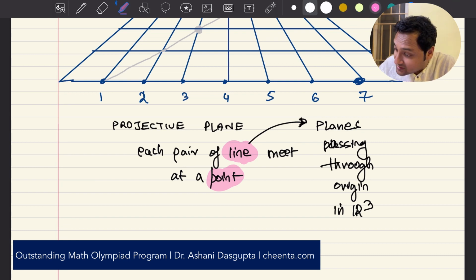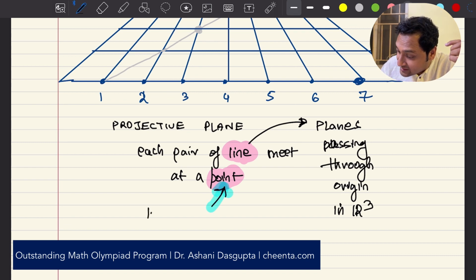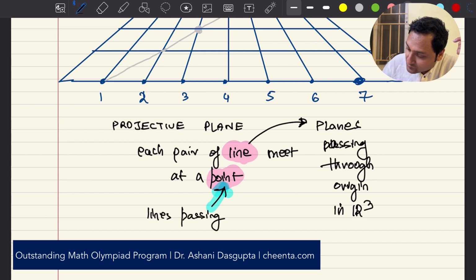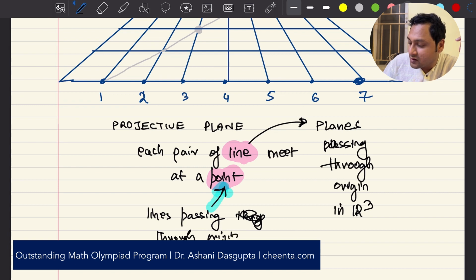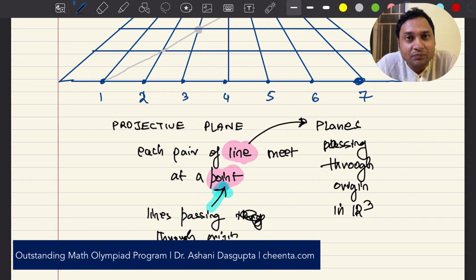So you define the planes as the lines. And the points are the lines passing through origin. If you think about it, you'll find that this is also a model. This is actually a model of the projective plane.